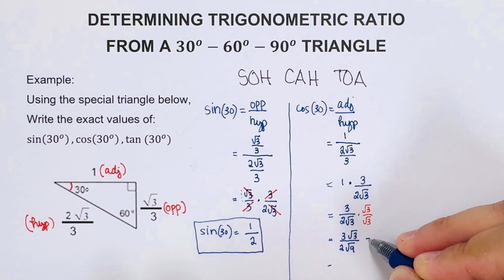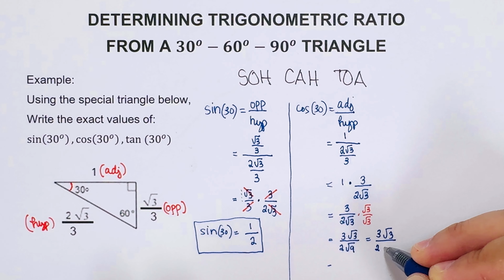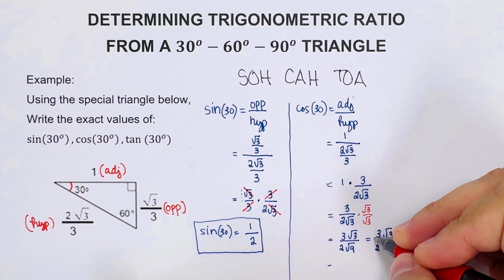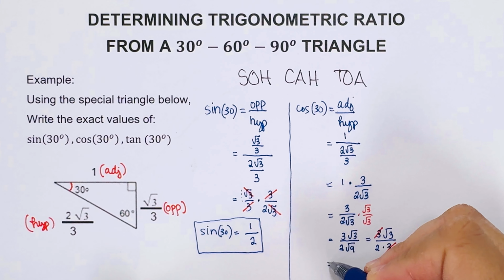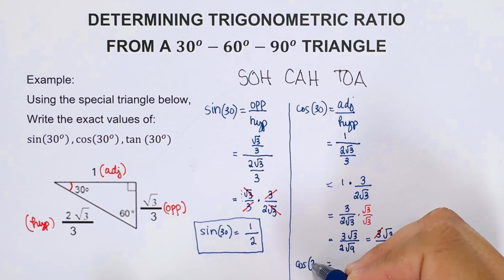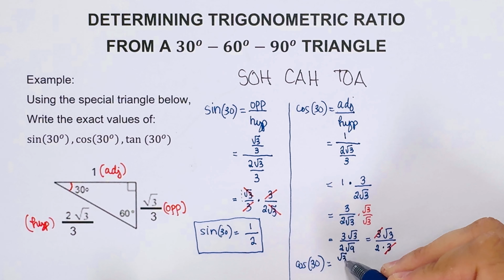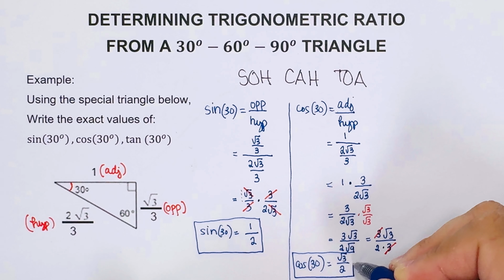So this comes out 3 square root of 3 over 2 times 3. Because square root of 9 is 3. So what am I going to do with 3 and 3? So we can cross out 3 and 3. So what is left here for cosine 30? That would be what? Square root of 3 over 2. So this is the exact value for cosine 30.